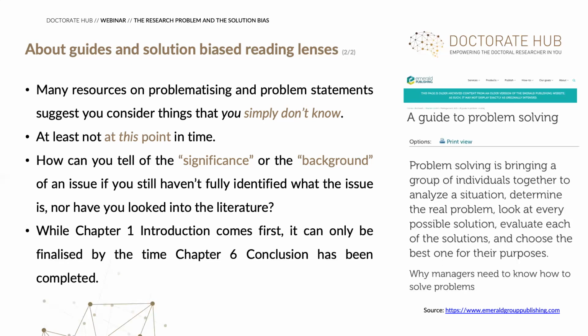While chapter 1 introduction comes first, it can only be finalized by the time chapter 6 conclusion has been concluded. And likewise, the literature review chapter comes before the data and findings chapter. However, only once the data emerges and the findings come out, you really will have a clear understanding about what the relevant literature is. So it's not a linear process, but a way more front and back juggling.